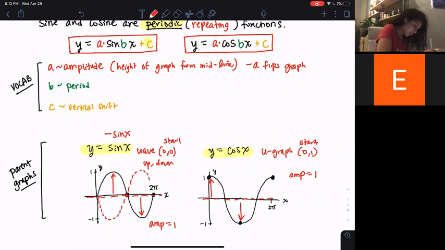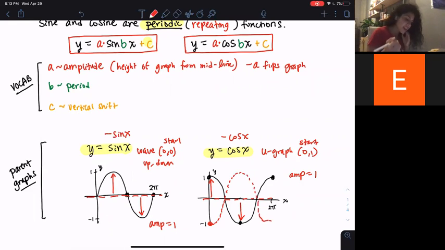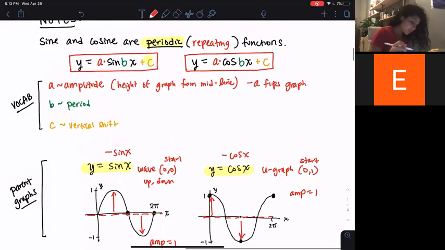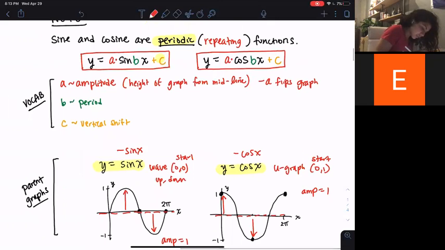But we just know that it would flip the graph upside down. So if we had a negative cosine x, the graph would look like this. Instead of starting up at 0, 1, it would start at 0, negative 1, and it would be flipped upside down. That's how negatives affect our graph. Okay, we won't graph any of those today, but just good to know. So that's what an amplitude is. It's the height. Amplitude is the height.